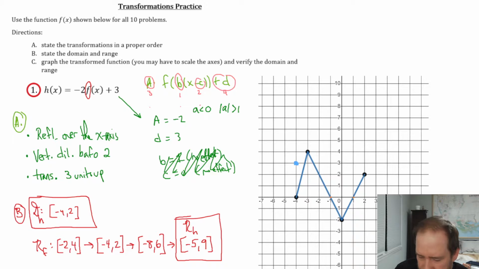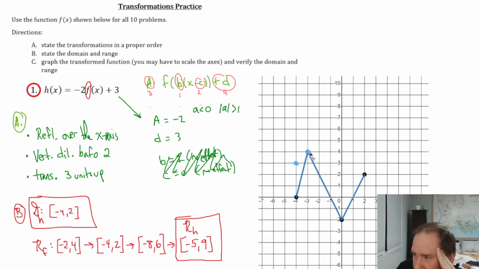But the points we're interested in are really the vertices here, the bends. So where's this guy going to go? Well, he's going to reflect and go down to -4. Boink. Then he's going to get doubled and go way down to -8, which is actually off the grid, so good to know that I should be giving you an even bigger grid.